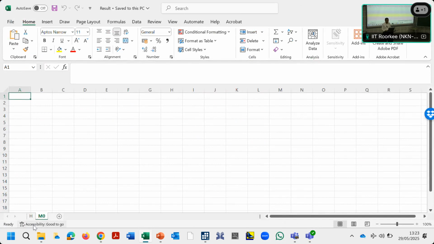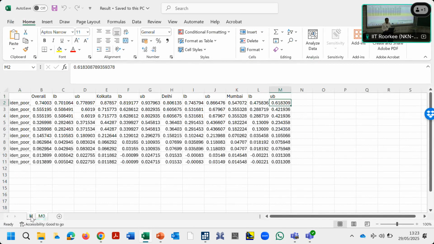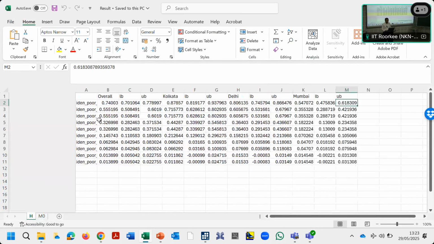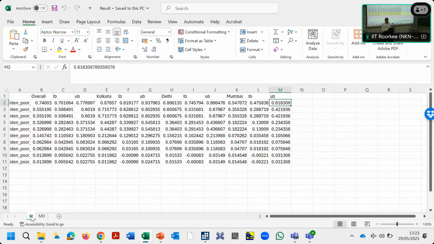Please create a blank Excel file in the same folder. The file name should be result, RESULT. Name of the file is result. And then please create a sheet called H, capital H.